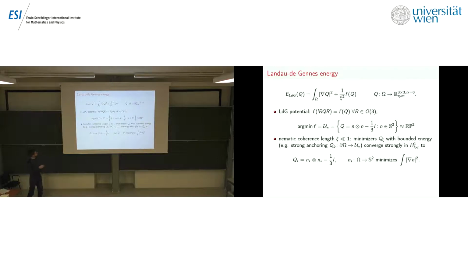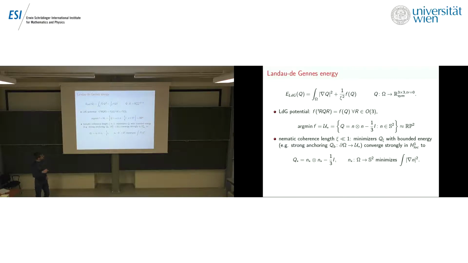This Xi, I will call it the nematic coherence length, because as I told you, it's a length scale. And we've heard before that when this length is very small, so you study what happens when it goes to 0, then you take minimizers of this energy.